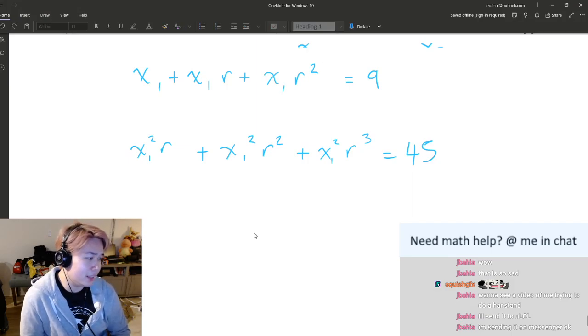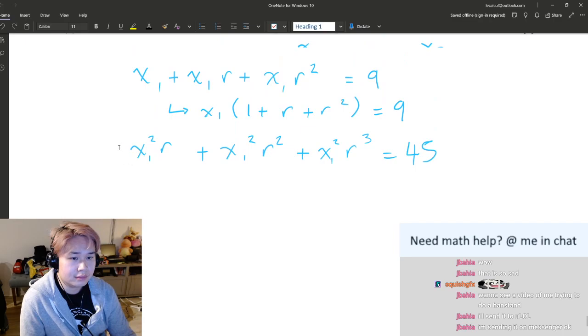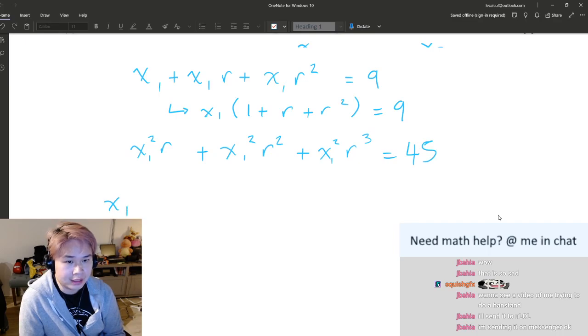So this is what I thought, but I didn't think that I could get anywhere with this. You can have a common factor of x1. So then you have 1 plus r plus r squared is equal to 9. And then over here, you have some more common factors of x1 squared times r.